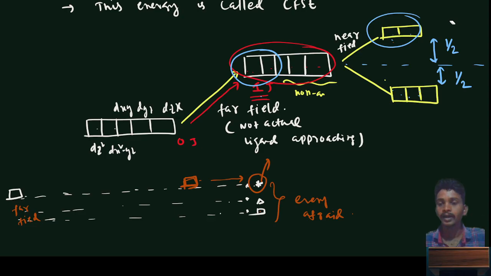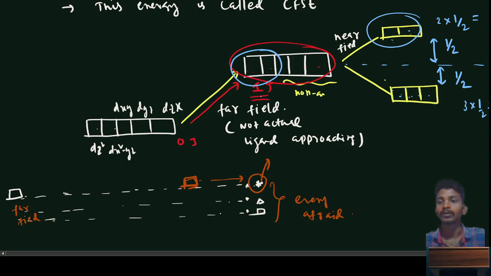Okay, so how do they solve that? Here there are 2, so 2 into half is going to be 1.